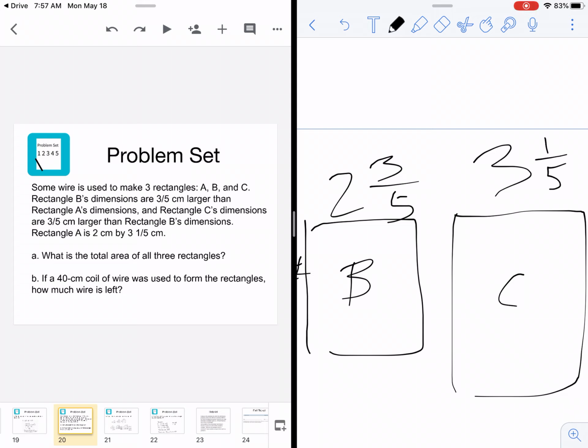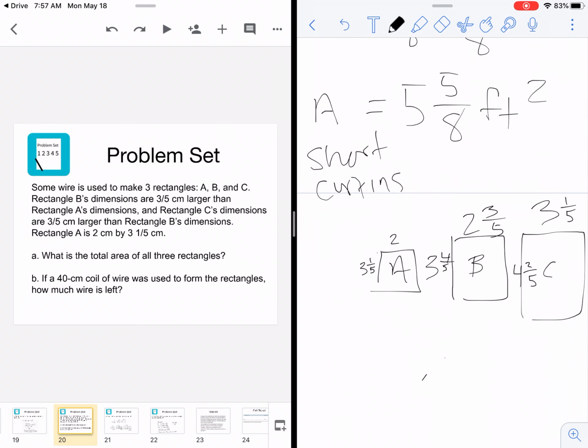And then adding 3/5 to 3 and 4/5 gives you 3 and 7/5, which turns into 4 and 2/5. So now we know all of the dimensions.